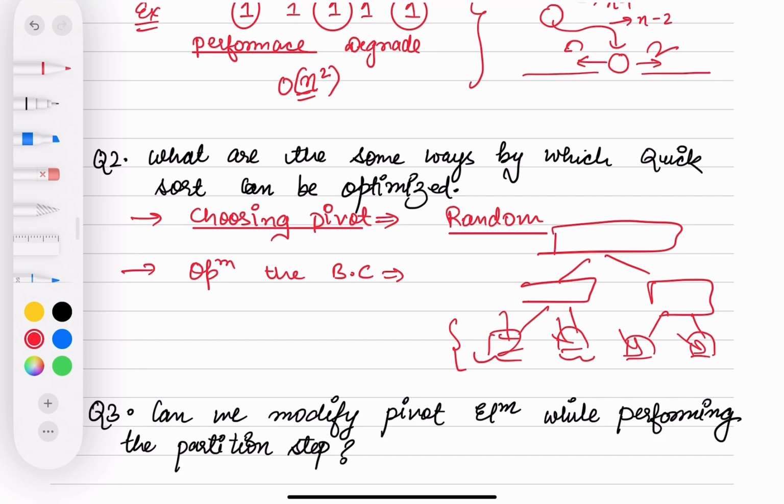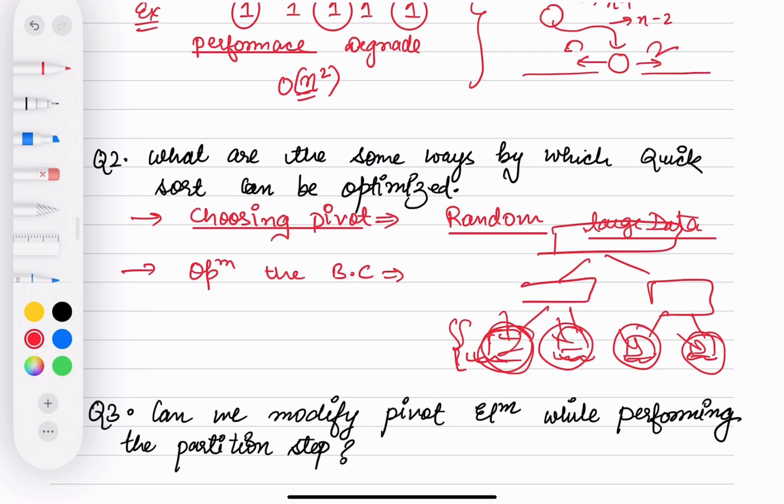Quicksort is good for large data sets, so I'm applying quicksort on a large data set. At the end, I get smaller data sets, and there are a lot of algorithms available which can work very efficiently for these smaller data sets. So you use them, and this will help you reduce the overhead.